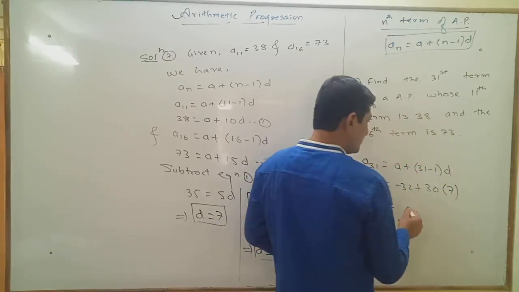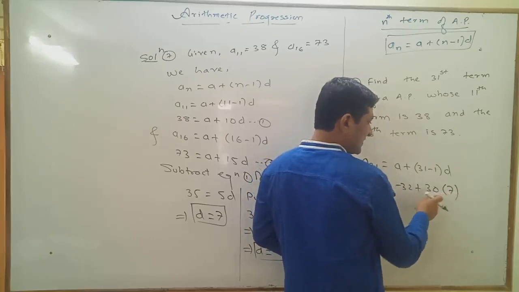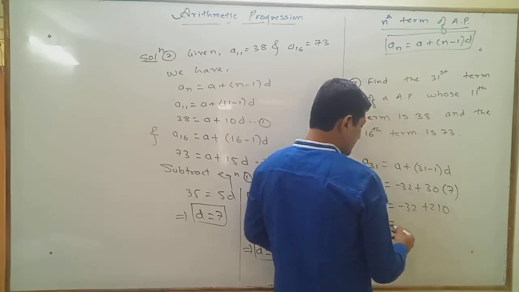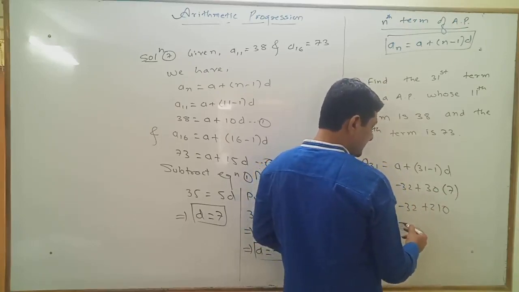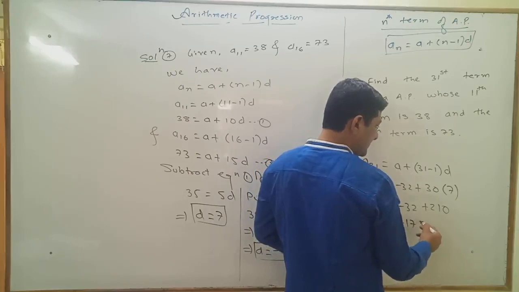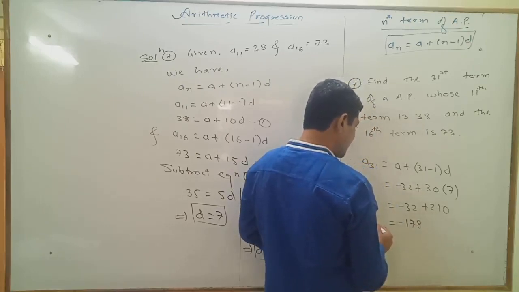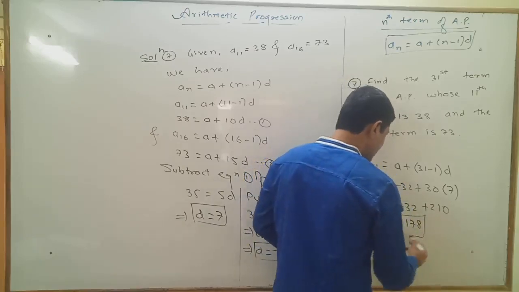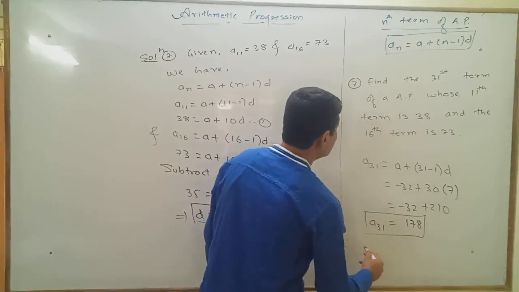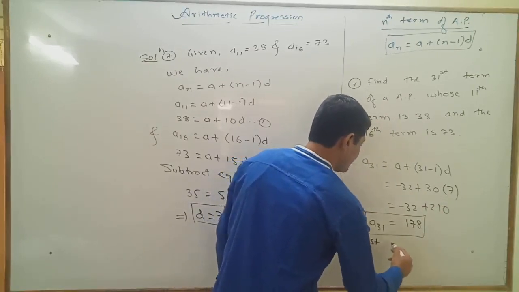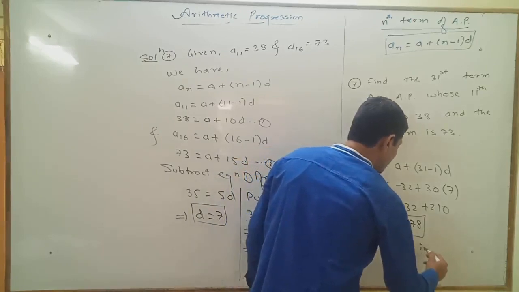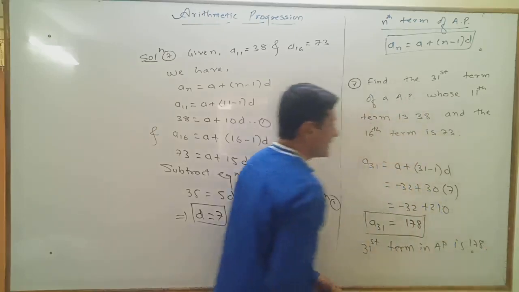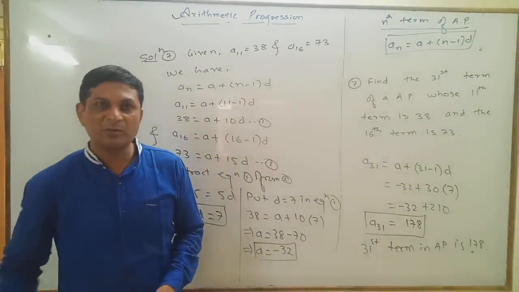So it is equal to 30 into 7 is 210, 210 minus 32, which will be equal to 178. In this way we have got the 31st term in the arithmetic progression. So therefore the 31st term in AP is 178.